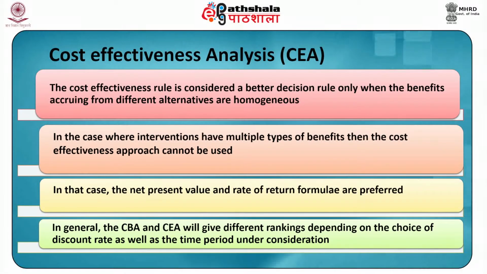In that case, the net present value and rate of return formula are preferred. In general, the CBA and CEA will give different rankings depending on the choice of discount rate as well as the time period under consideration.